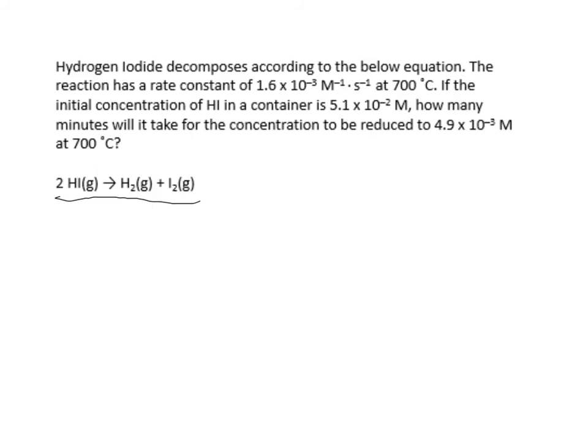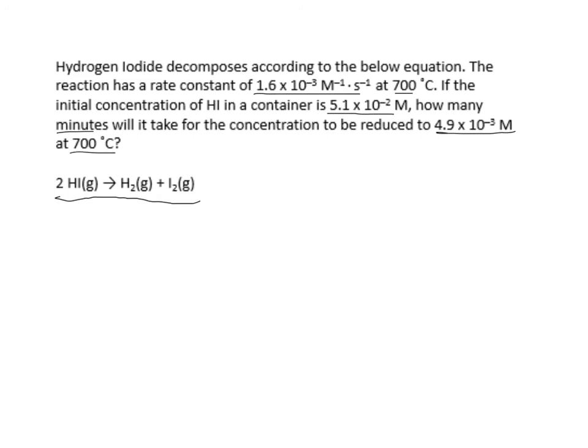We're given a rate constant at 700 degrees Celsius. If the initial concentration of HI in the container is 5.1 times 10 to the negative 2 molar, how many minutes will it take for the concentration to be reduced to 4.9 times 10 to the negative 3rd molar at the same temperature?